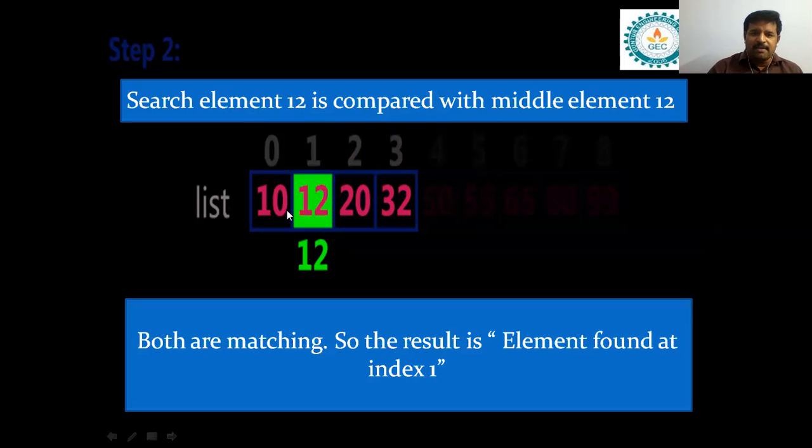The middle element is 12 and the searching element is 12. Both are matched. So the result is to display the message: the element is found at index 1. Right? This is the procedure for finding the element in the list by using binary search.